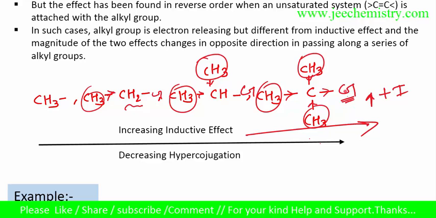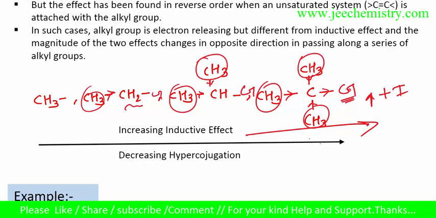But if this group is in a conjugated system, if this group is unsaturated, if it is a free radical, or if it is a carbocation, then the order will be reversed. If it is a simple group, it will experience more positive I effect and be stabilized by the I effect in this increasing order.